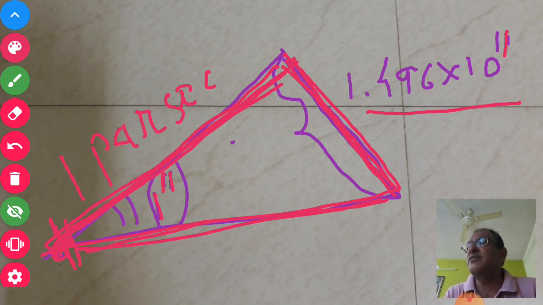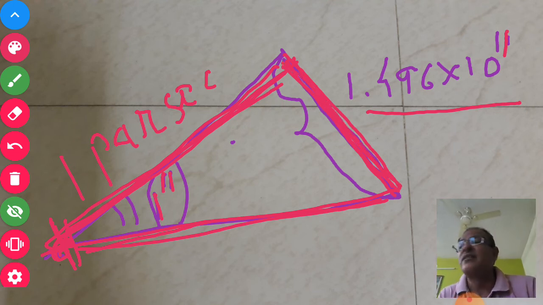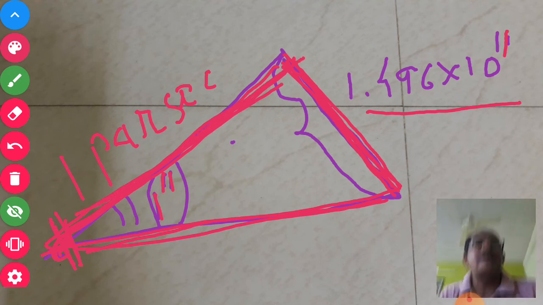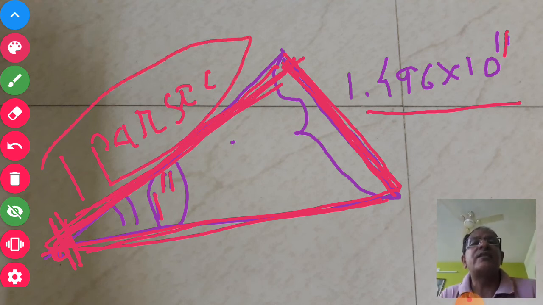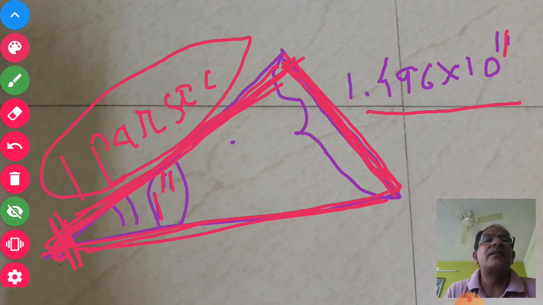So parsec is the distance at which the average radius of Earth's orbit subtends an angle of 1 arc second.